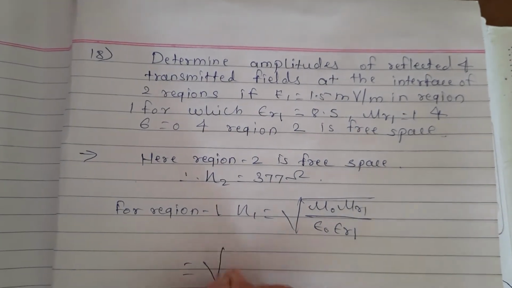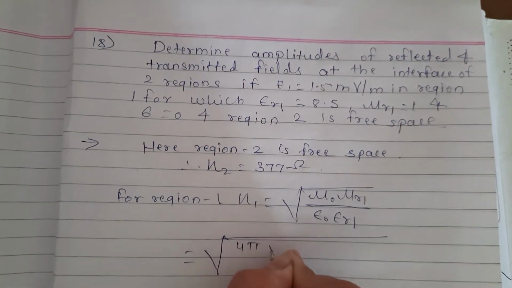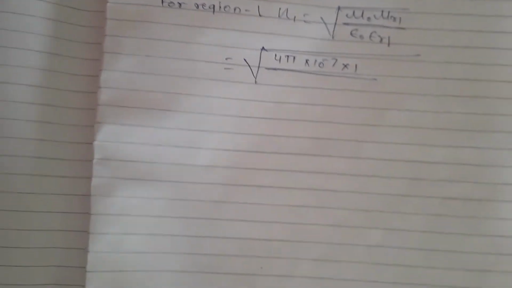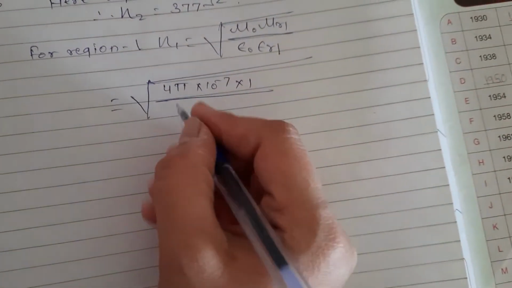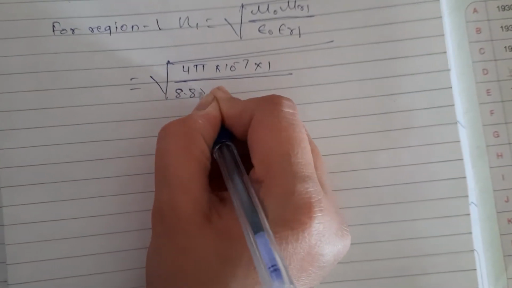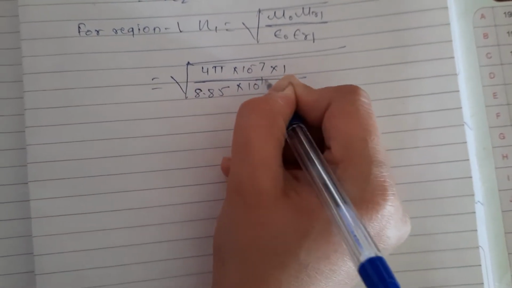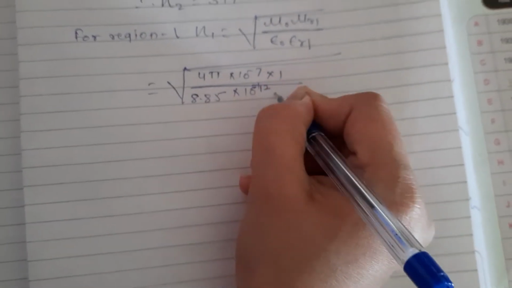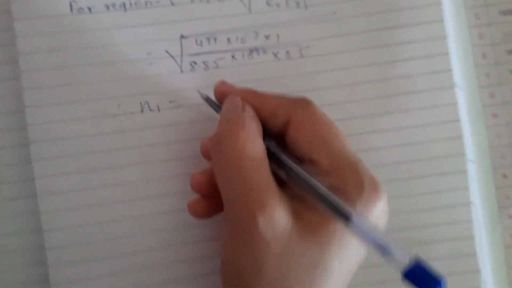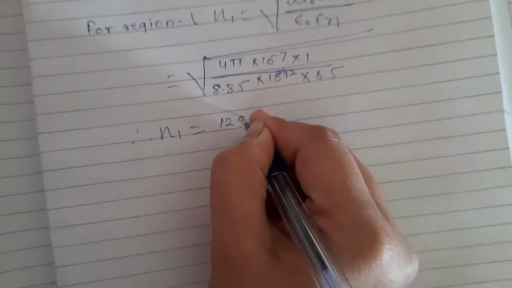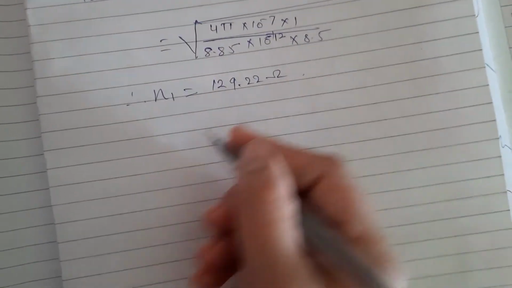So we substitute these values and we get 4 pi into 10 raised to minus 7 into 1 divided by 8.85 into 10 raised to minus 12 into 8.5. So the value for the intrinsic impedance is 129.22 ohm.